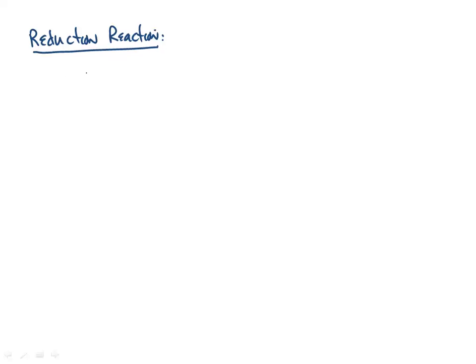So for reduction reactions, the arrow we're going to see is something that looks like this, where we have to have heat, we have hydrogen gas, and the nickel acts as a catalyst. Does anyone remember what a catalyst is?